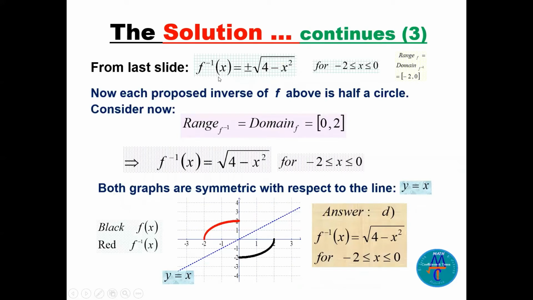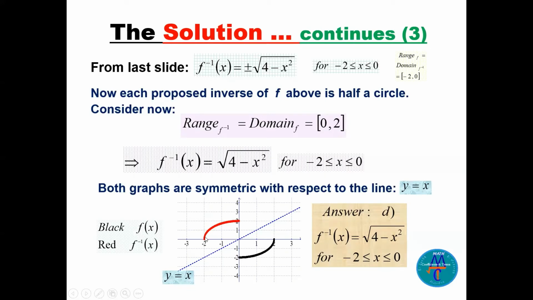Now, we can choose the correct inverse. f inverse will be plus the square root of 4 minus x squared. Why? Because the range of the inverse is the domain of the f. Domain of the f from the given 0 to 2. See, 0 to 2 here will be the range of this function.